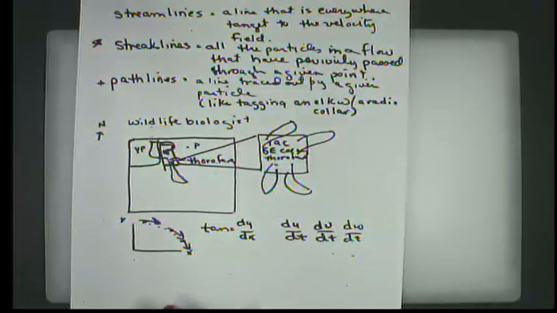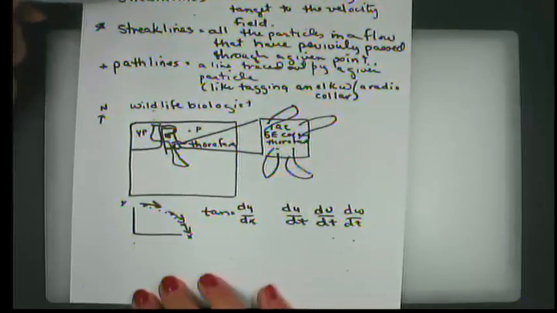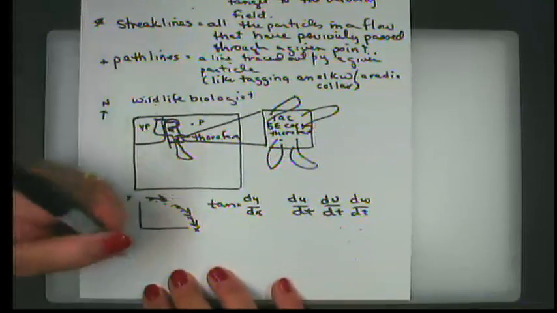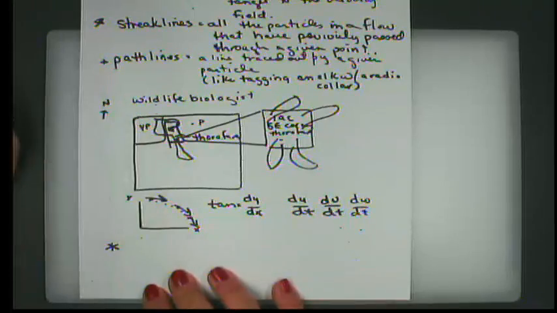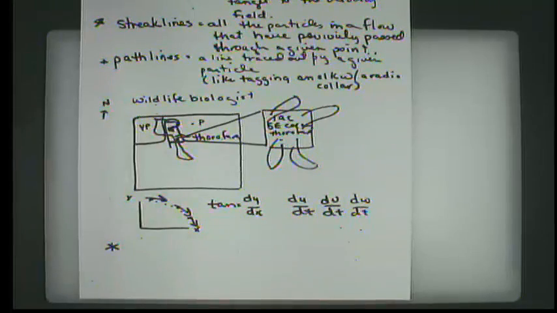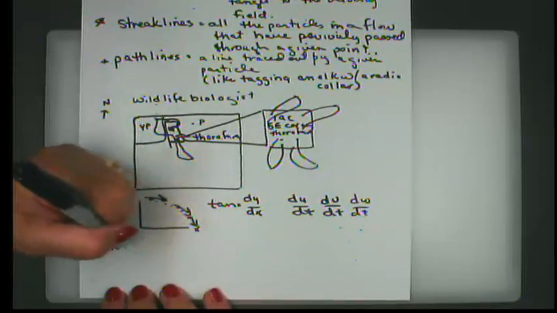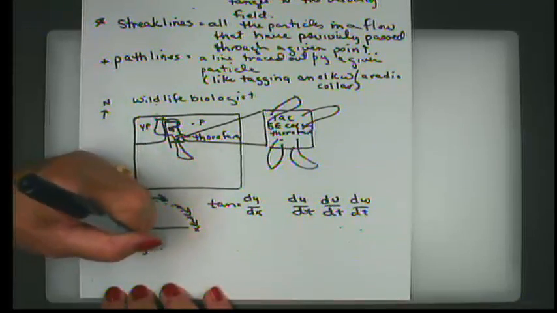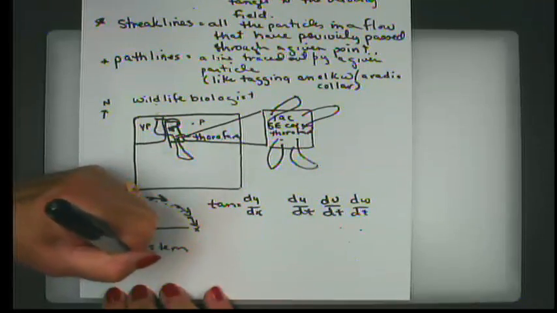So you can see then that the streamlines are tied to movement, streak lines are tied to an area, and a path line is tied to a particular particle. So this brings us to an idea that you may remember if you've had thermodynamics, is that sometimes we looked at a system and sometimes we looked at a control volume.